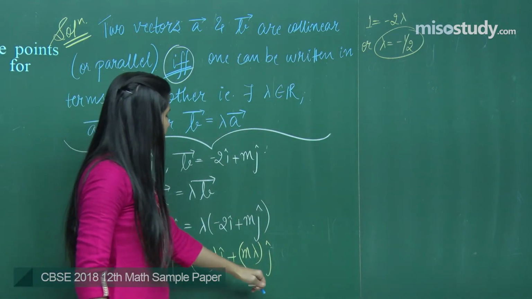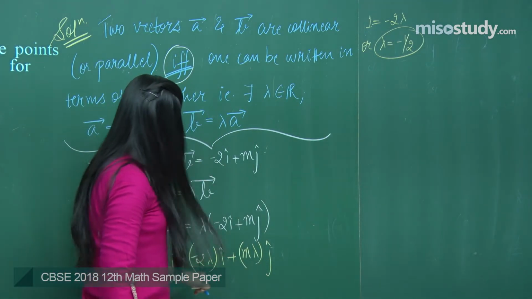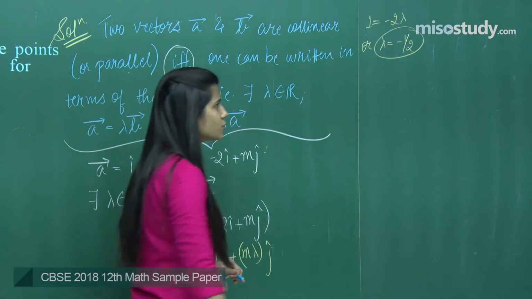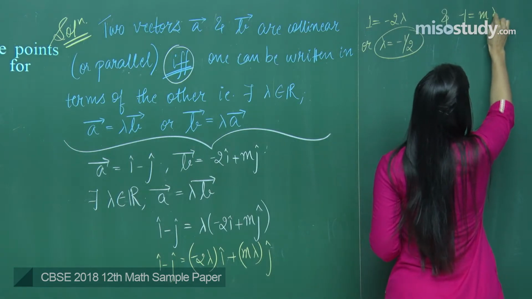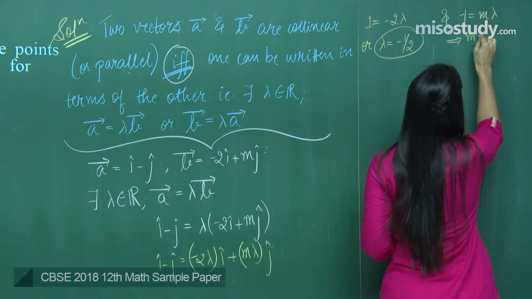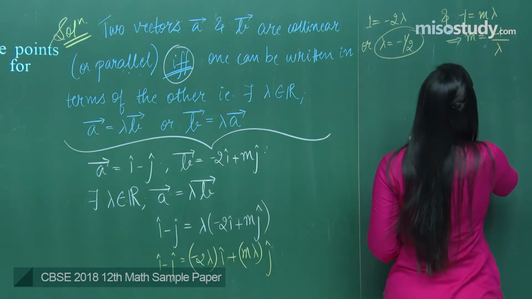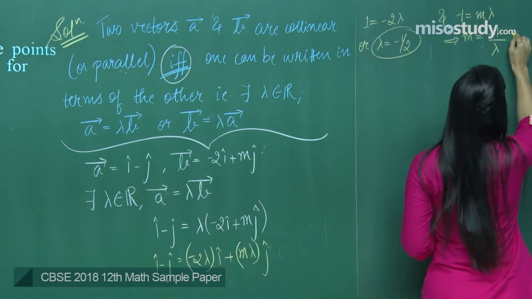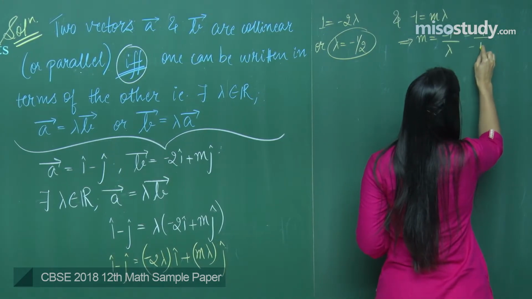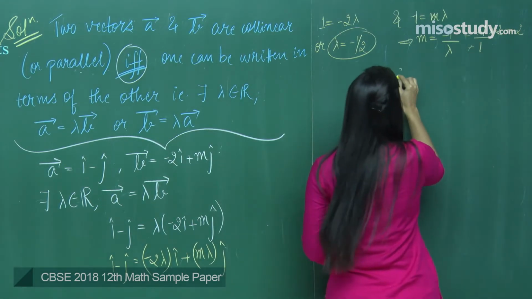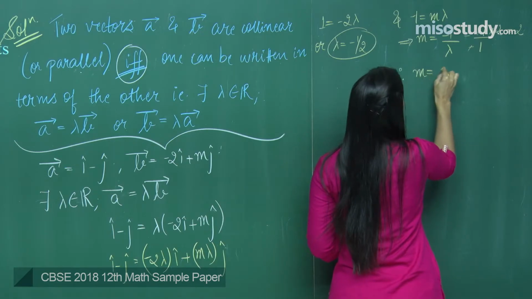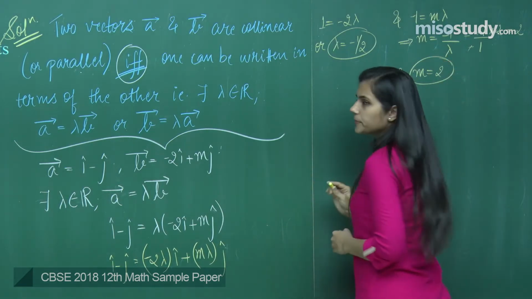The next component with respect to j cap here is m lambda, here it is -1, so -1 is equal to m lambda. This means m is equal to -1 upon lambda, but lambda is -1/2, so -1 upon (-1/2), which gives you 2, and therefore m is 2.